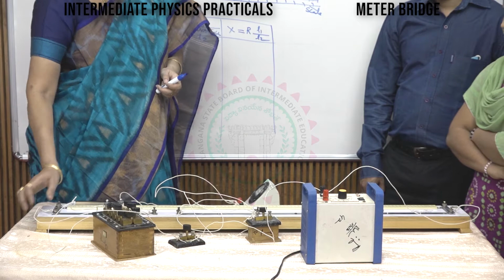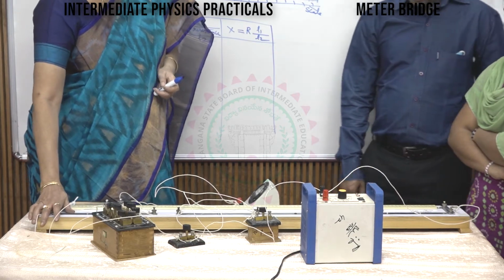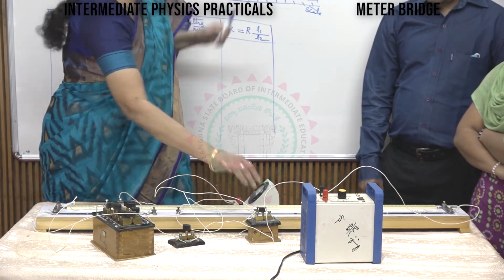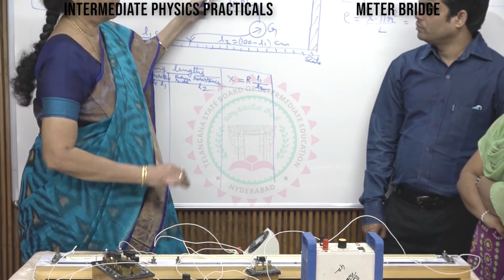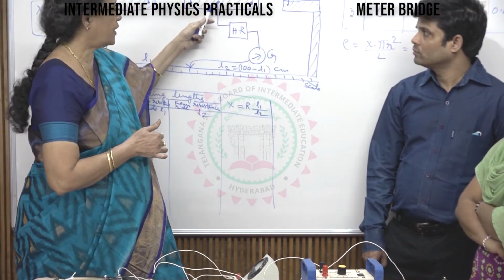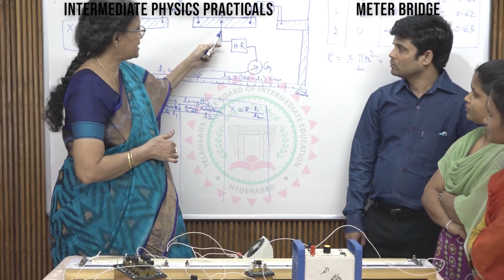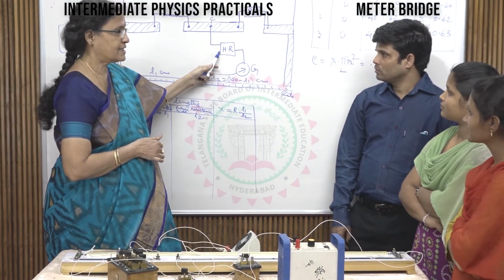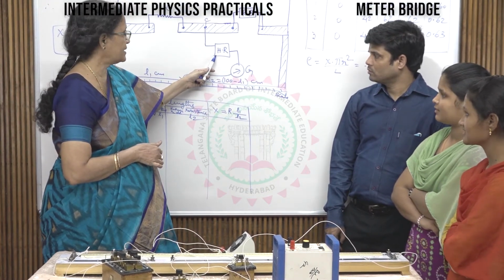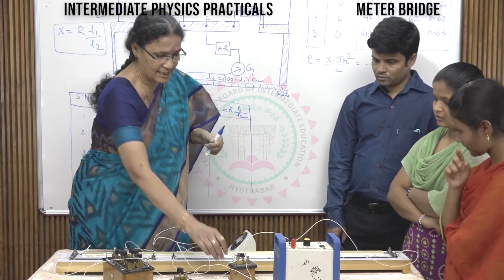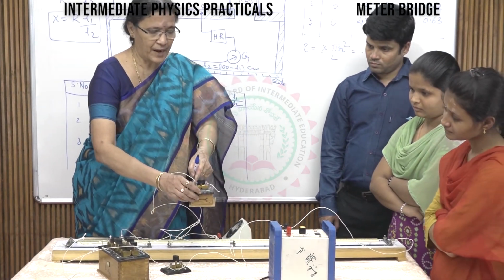This is called L clamp there. Now, this is the middle of the binding. One more binding screw is provided, which we are calling it as C. And from C, what is connected? HR means high resistance. And high resistance is this. It has two binding screws.